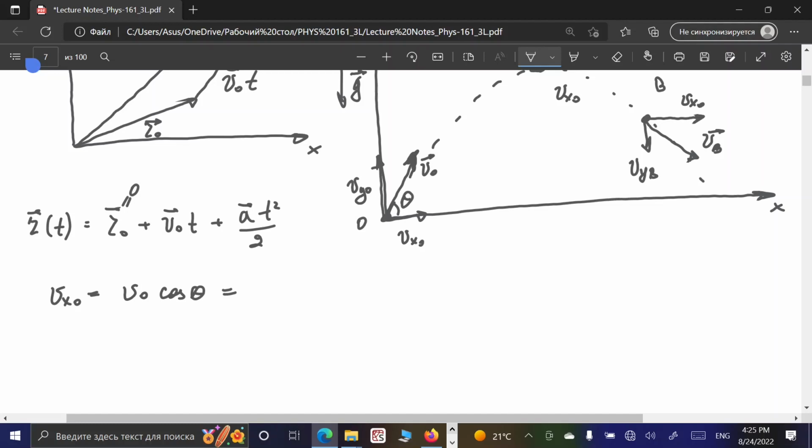And what is important, this remains constant. It doesn't change over time. So obviously for vy naught, we can write v naught, magnitude of the velocity vector, times sine theta. This is not going to be constant because along the same direction we have this acceleration of free fall.